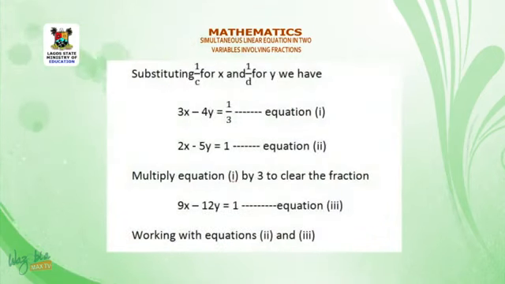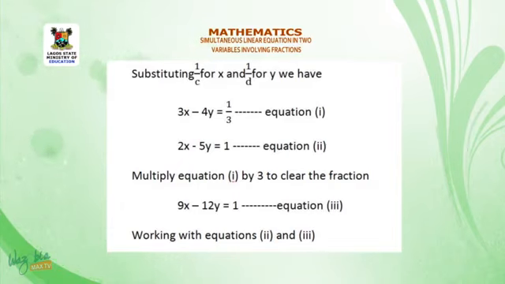Substituting 1 over c for x and 1 over d for y, we have 3x minus 4y is equal to 1 over 3, equation 1. 2x minus 5y is equal to 1, equation 2.